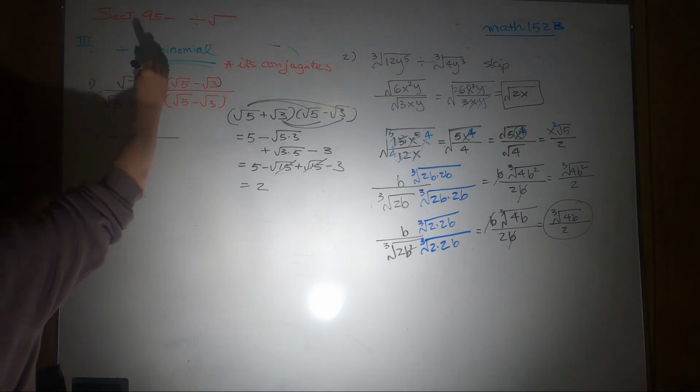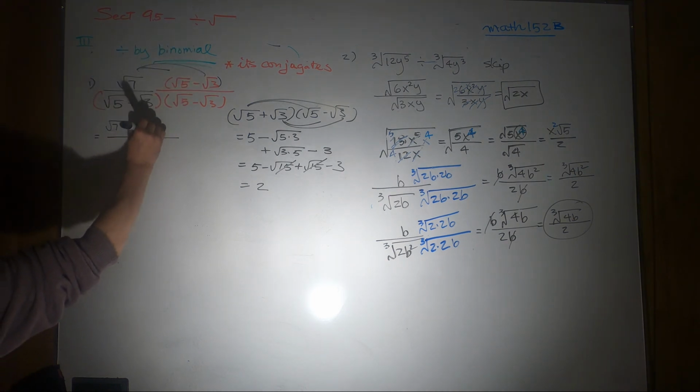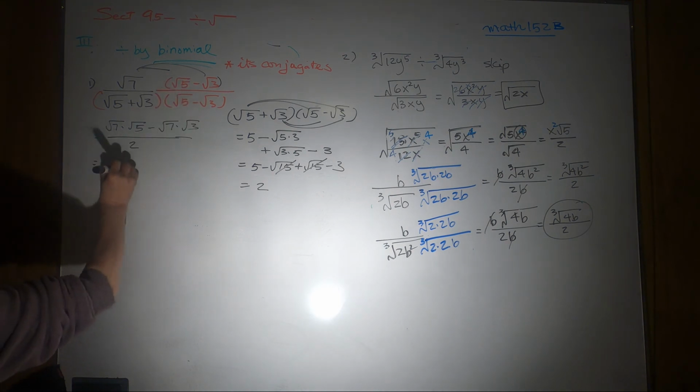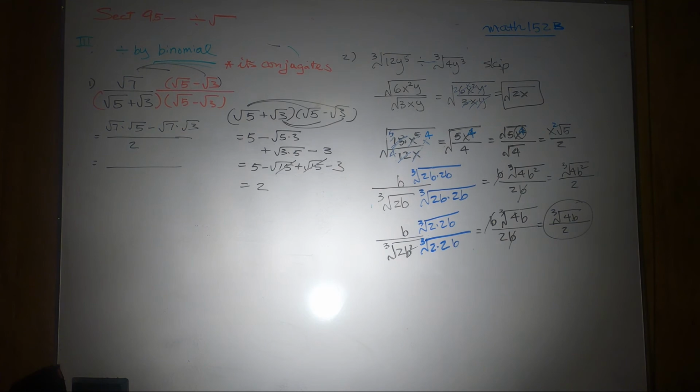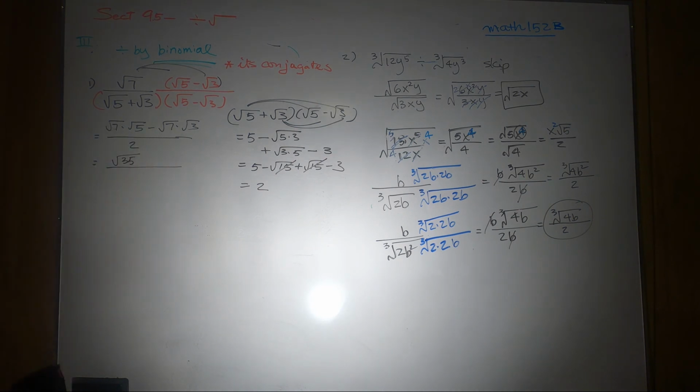The top, you distribute, will be square root of 7 times square root of 5 minus square root of 7 times square root of 3. And sometimes you get confused about multiplication as well. If they are the same radicals, same square root or same cube root, then you follow the product rule, and you should be able to combine them into one single radical.